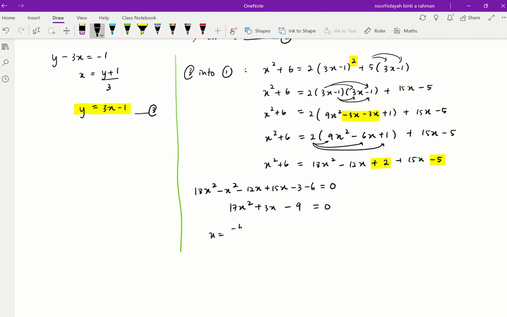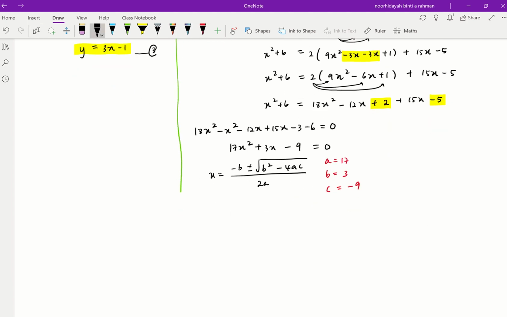x equals negative b plus or minus the square root of b squared minus 4ac, over 2a, and note that my a is 17, b is 3, and c equals negative 9. Let's substitute into the formula. So it becomes negative 3 plus or minus the square root of 3 squared minus 4ac, over 2 multiplied by 17.